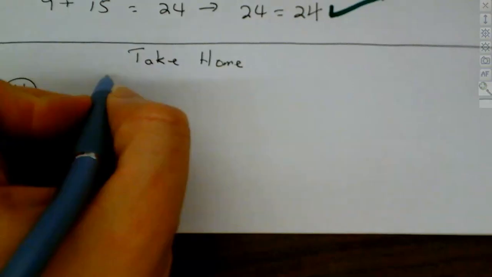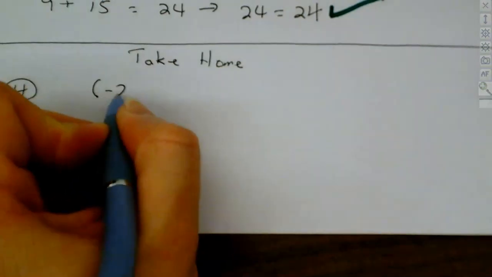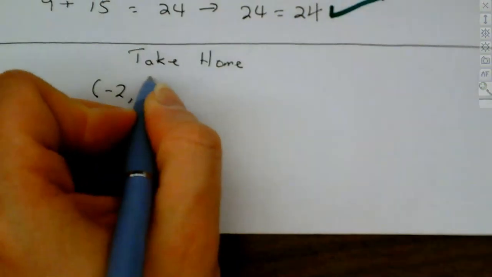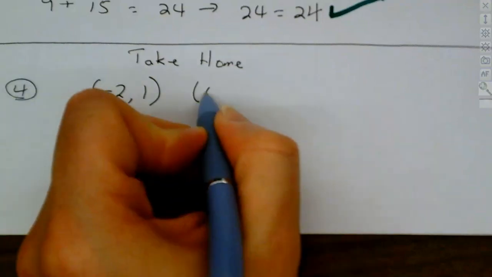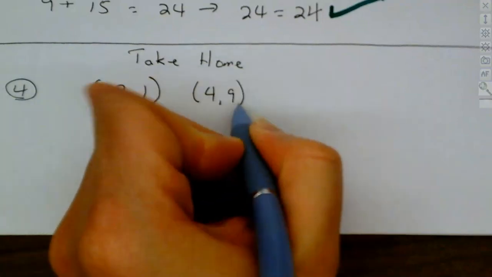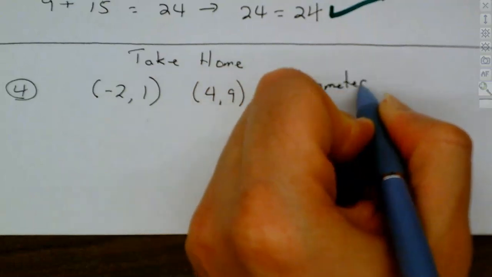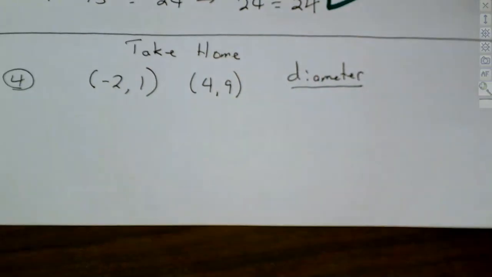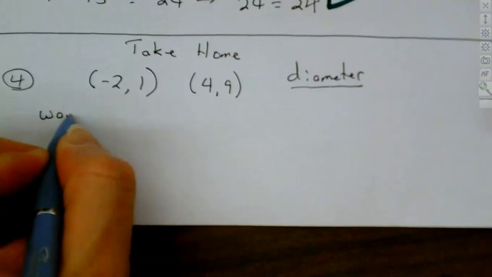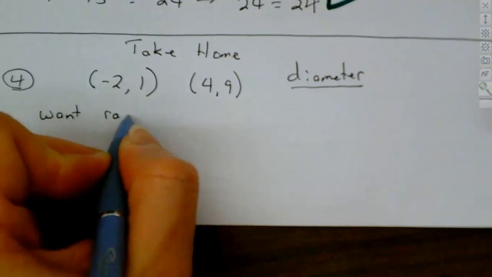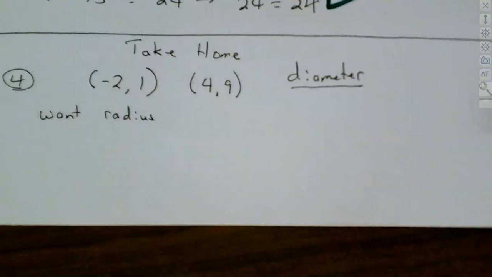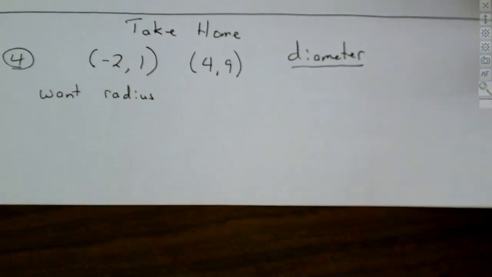But here's what we've got. We've got minus 2, 1, and we've got 4, 9. And these come from the diameter. Now, what we want is the radius. How does the radius relate to the diameter?